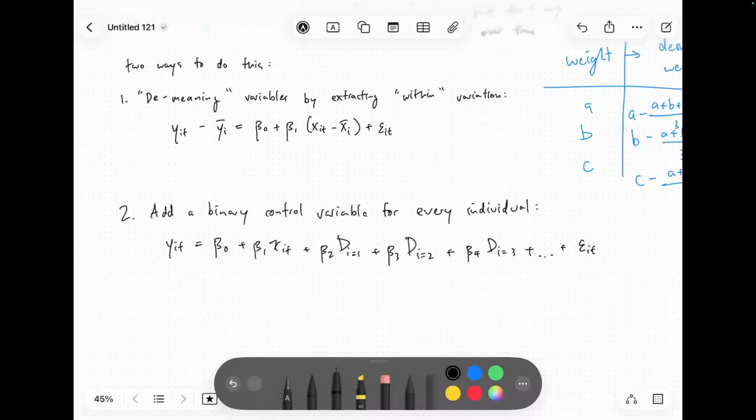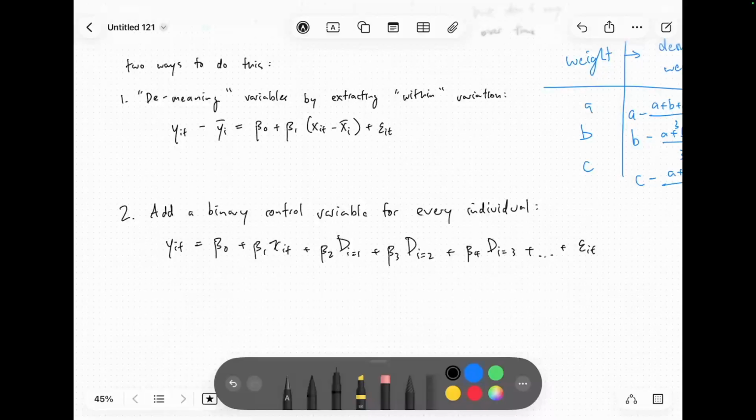So you're essentially adding a dummy for every individual. And if you think about what's happening qualitatively, you're going to give essentially a new slope for every individual. And that's actually doing the same thing as technique 1.